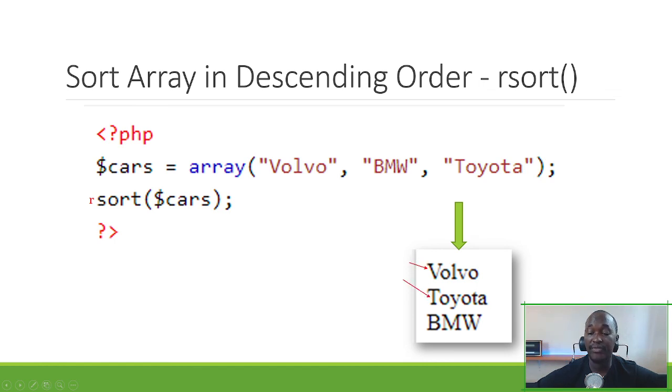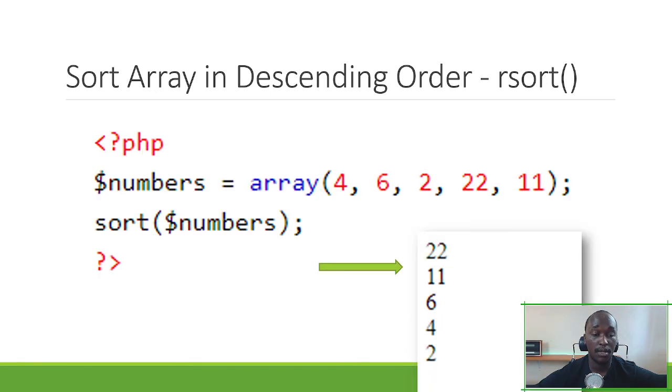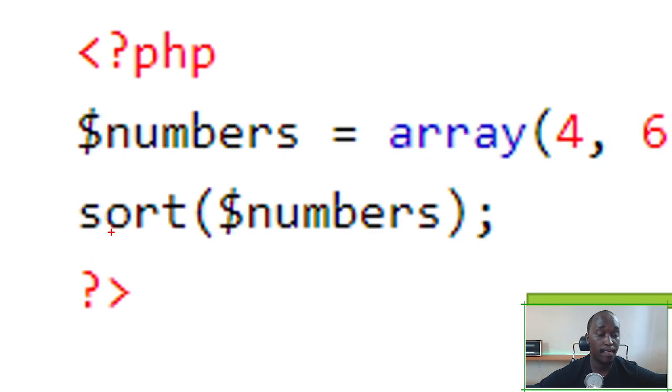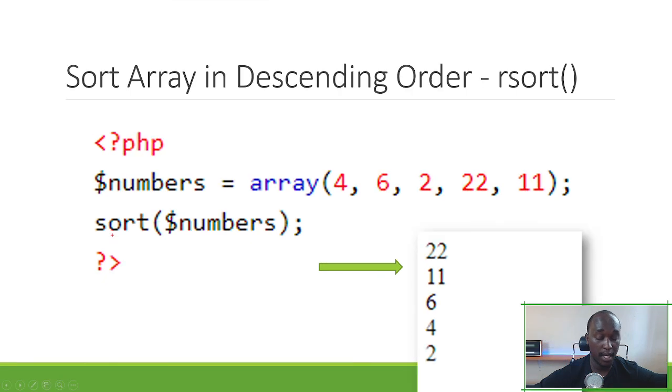So it's going to begin with V, then T, and then B. Similarly here, this is rsort. It's going to sort in descending order from the largest to the smallest.